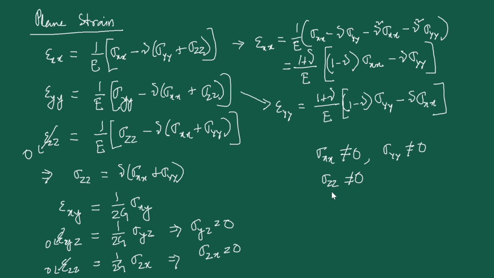So now we have epsilon zz equal to 0, but sigma zz is not equal to 0. And for the rest, we have sigma xy not equal to 0, but sigma xz is equal to sigma yz equal to 0. Okay, since we have been using sigma zx, let me correct that to sigma zx.